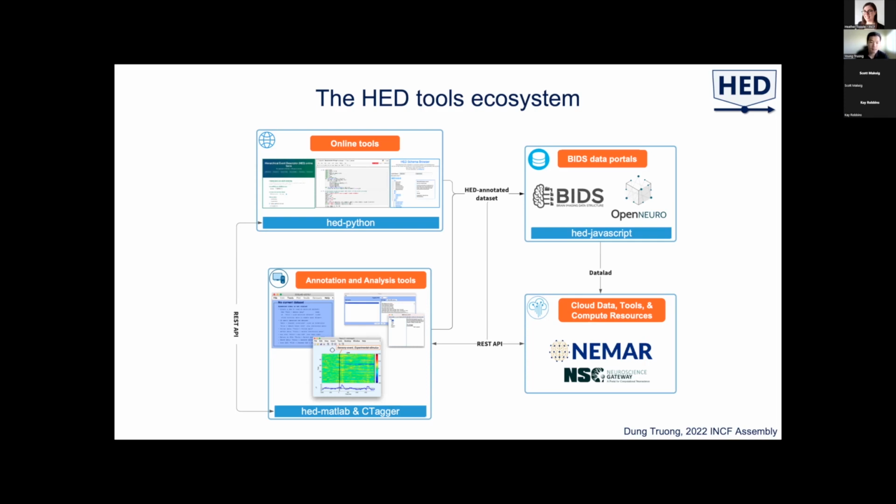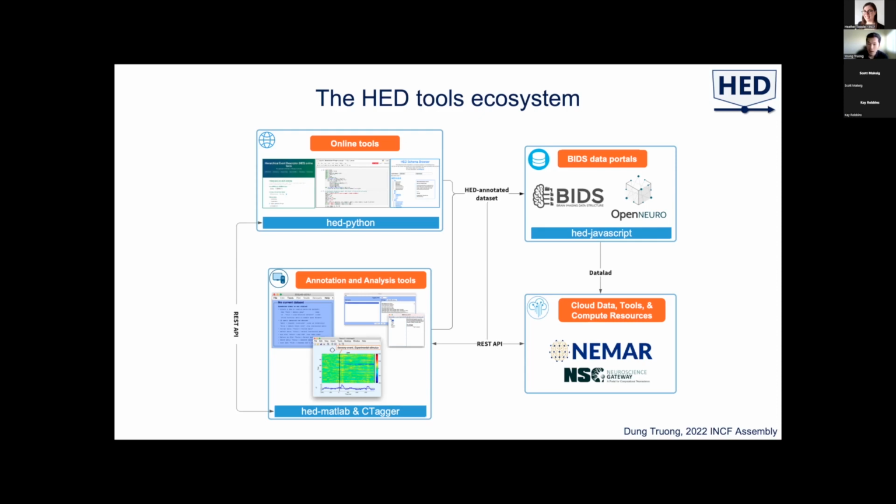And in fact, annotation and analysis tools developed in MATLAB and the CTagger GUI tool leverage these web services tremendously in various features. We also have tools developed in JavaScript, specifically for validating BIDS datasets with HED annotation being uploaded onto OpenNeuro, to make sure that all the BIDS datasets with HED annotation uploaded onto OpenNeuro have valid HED annotation.